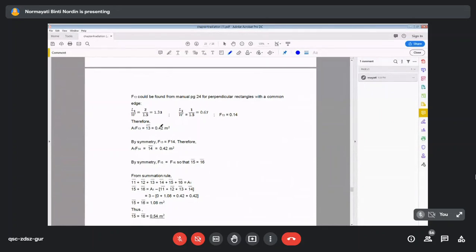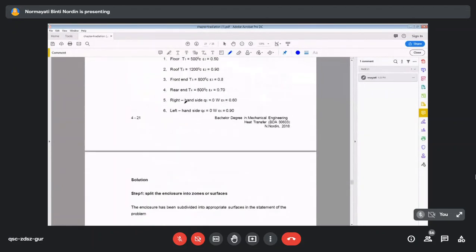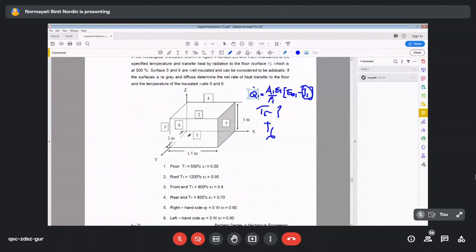And then you can simplify. Once you know 1 to 3, 1 to 4 is equal to 1 to 3 by symmetry. Due to the symmetrical reason, the view of 1 to 3 and 1 to 4 is the same, so you can directly say the exchange area 1 to 3 equals 1 to 4.